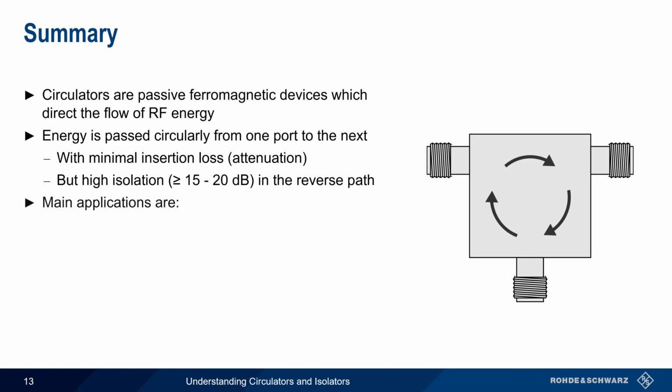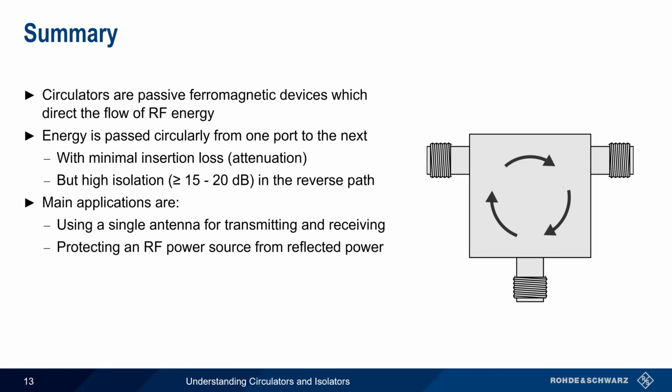There are two main applications for circulators. One is allowing the use of a single antenna for both transmitting and receiving, and the second is protecting a transmitter or source from reflected power. In some cases, circulators are also connected in series or cascaded in order to increase isolation, but this will also increase the overall insertion loss.